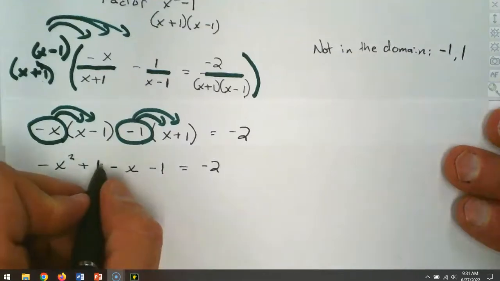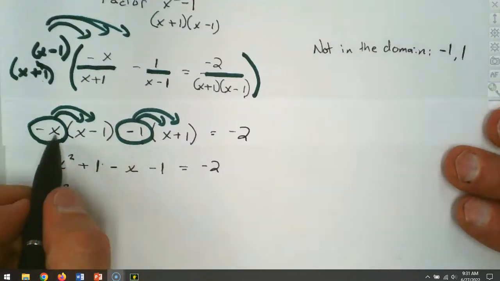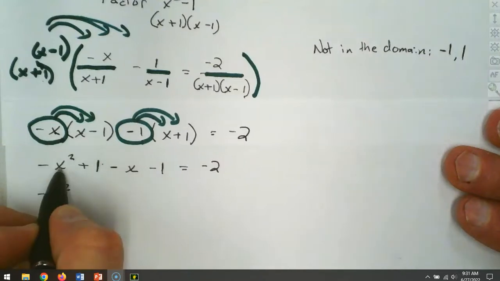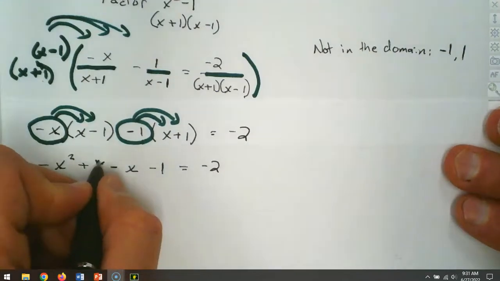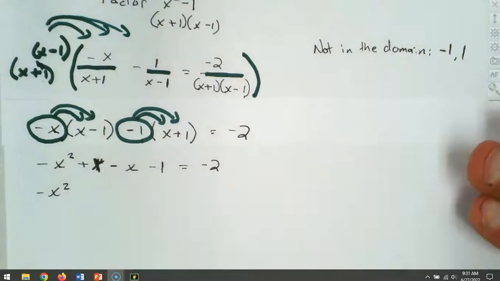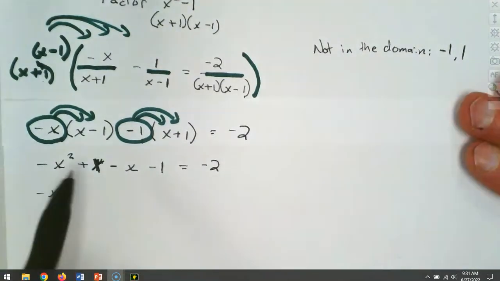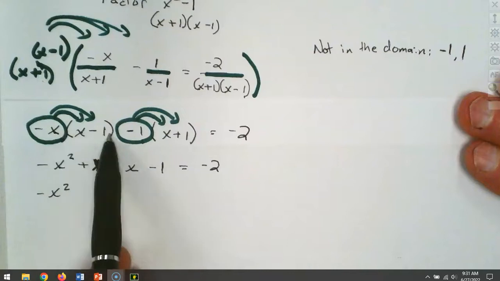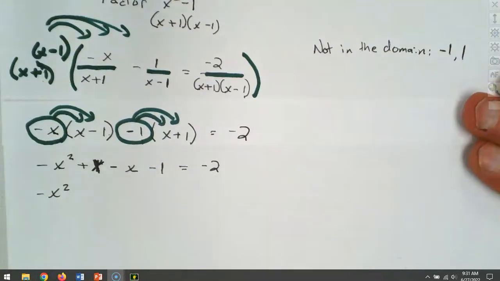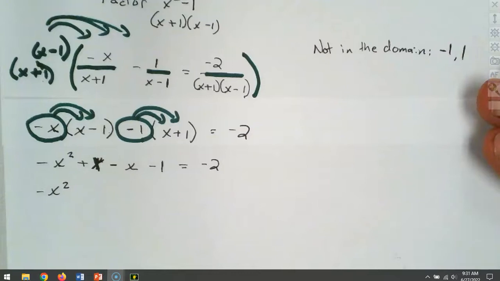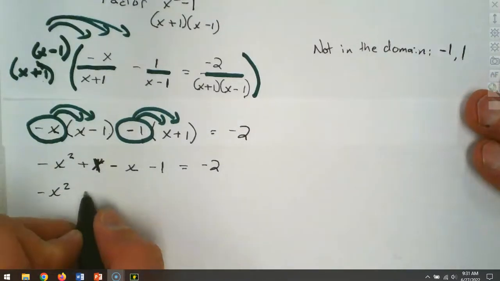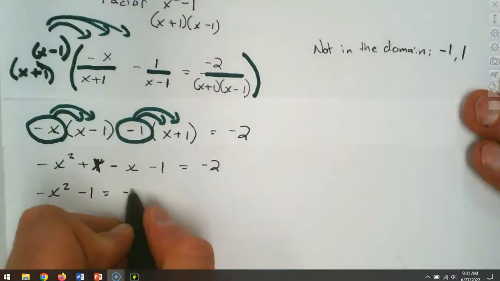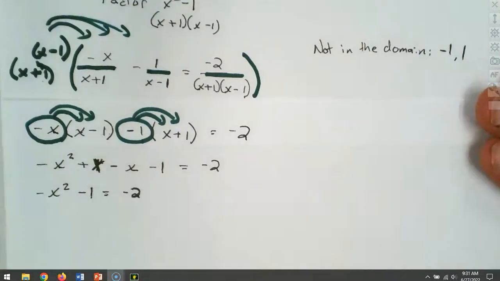Oh, that should be an x, shouldn't it? Yep. About made a mistake, because when I distribute this negative x, I wrote it down wrong. Negative x times x is a negative x squared. Negative x times a negative 1 should be a positive x there. Sorry about that. That was my mistake. It should be a positive x, because negative and negative makes it positive, and the x times 1 makes it the x there. So the x's are going to cancel, and that's going to leave me with a minus x squared minus 1 equals that minus 2.